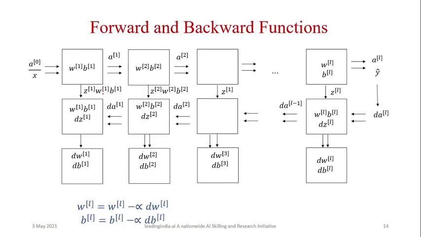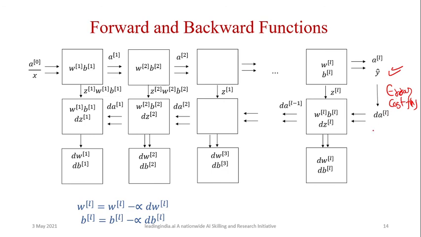So let's quickly go through forward and backward propagation again. In the forward propagation, we have inputs that pass through the W values, and finally you compute the output. Now in the backward propagation, you take this output value and compute the error with the help of the cost function, right?